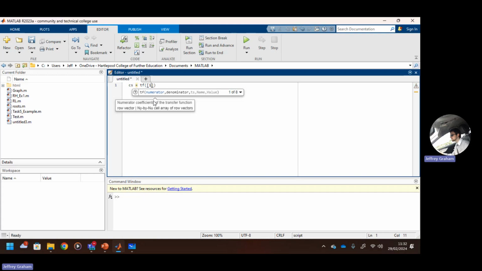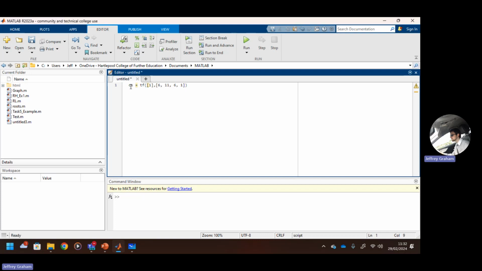There's nothing on top, so I'll set that as 1. In another set of square brackets is the denominator. So remember, the coefficients were 6, 11, 6, 1, and close that bracket off.